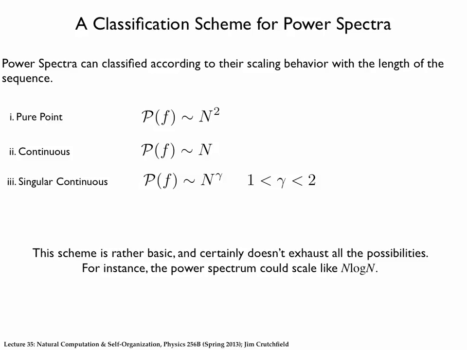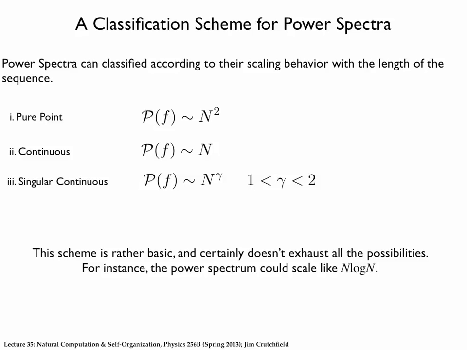Another possible scaling is singular continuous, and this scales with some power between 1 and 2, so it's sort of in between these two. This is a little unusual. I will show you an example a little bit later on called, I usually say Morse, but some people say the reverse, and then some people add Prouhet into the name too, but I'll call it the Morse sequence, that actually scales this way.